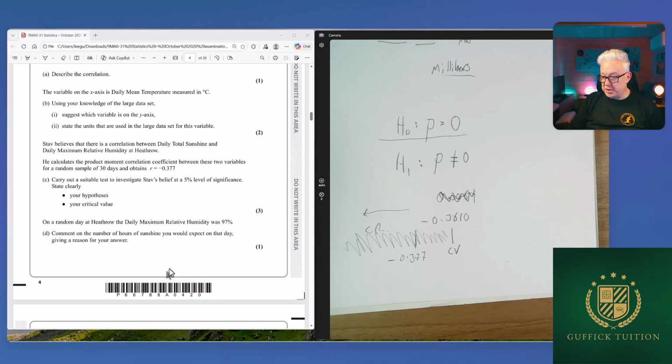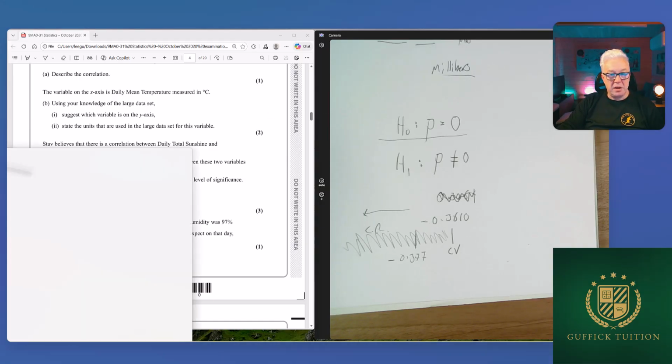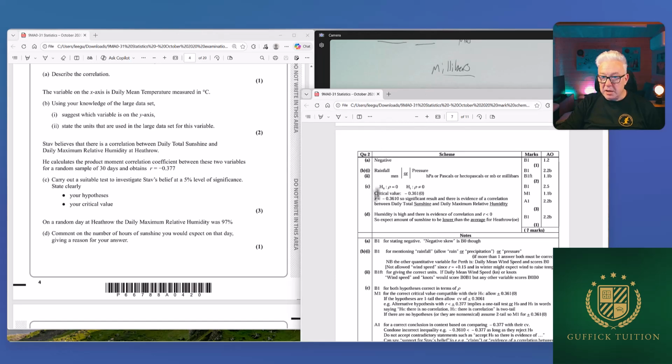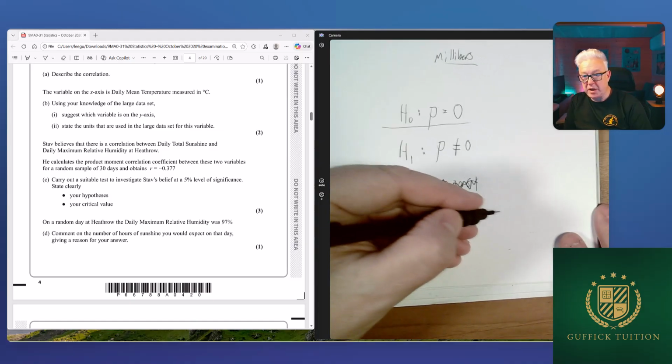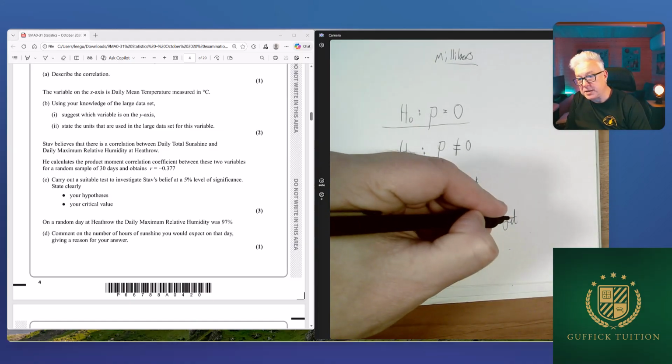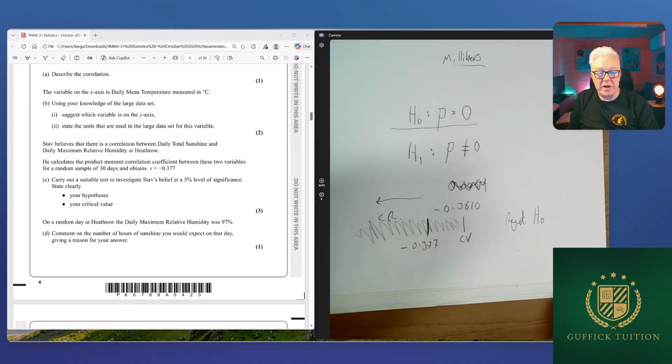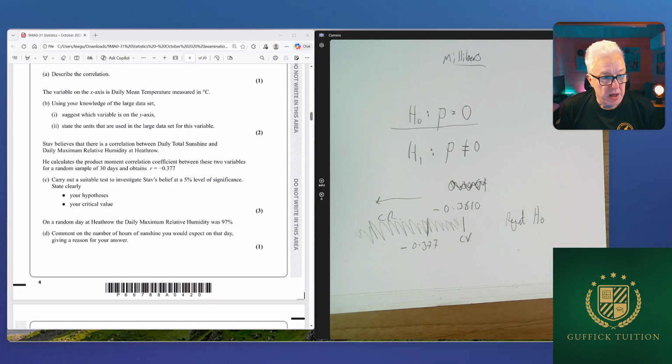Just to save time, here's the actual mark scheme, and you can see that it says the value that we've got is less than the critical value, so significant result, and there is evidence of a correlation between the daily total sunshine and the daily maximum relative humidity. Crucially, we're in this critical region here. So we can reject H0, and we can say that there is evidence of a relationship.